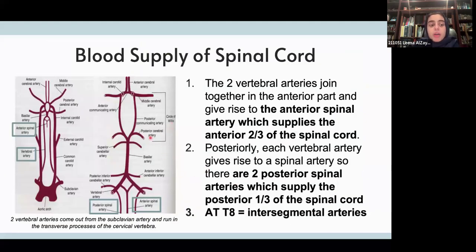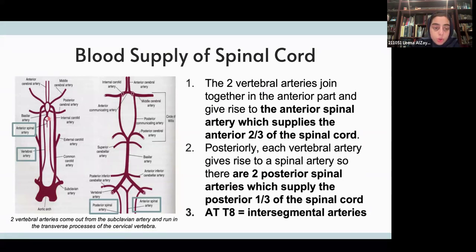Okay, now blood supply of the spinal cord. So basically, you have the aortic arch here. From the aortic arch, we have the common carotid, and from the aortic arch itself, we have the subclavian, and from the subclavian, we have the vertebral arteries.